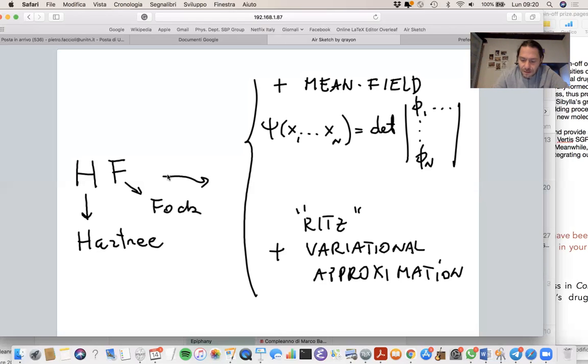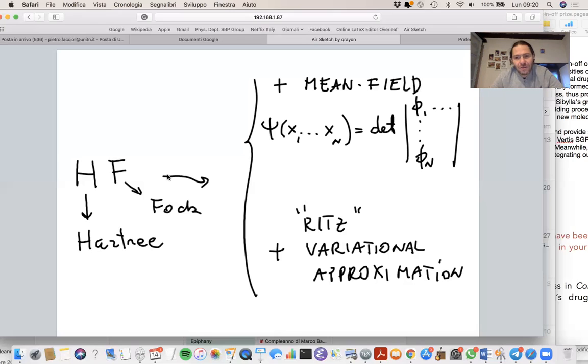Now, the mean field approximation simply tells you how to relate a complex many-body wave function, which contains all correlations, to n different one-body wave functions that can be solved independently. It is exponentially simpler to solve n one-body Schrödinger equations than it is to solve one n-body Schrödinger equation.